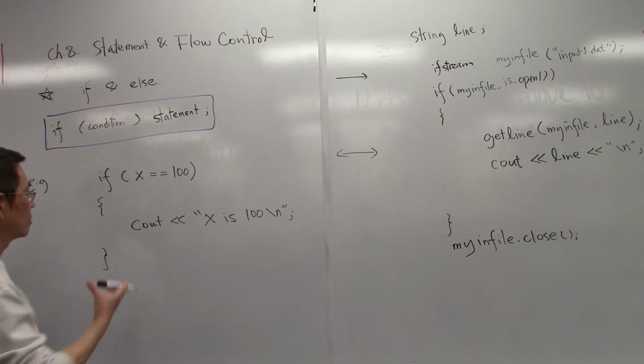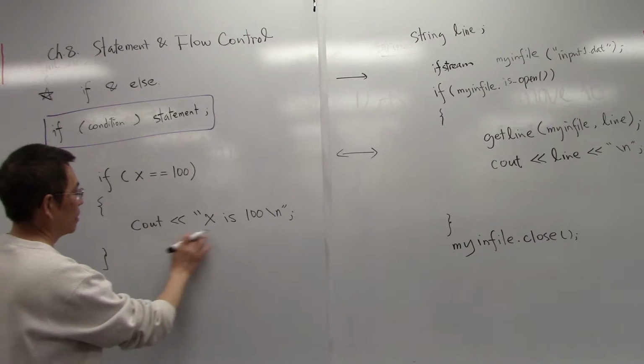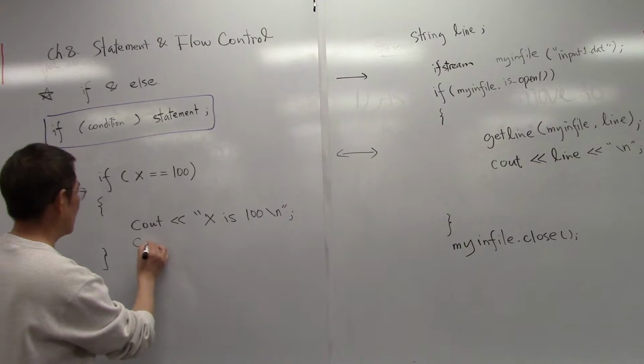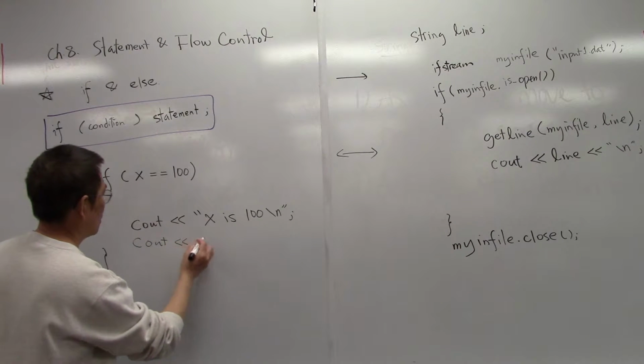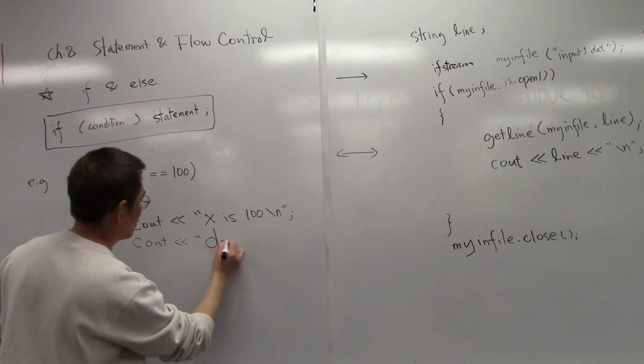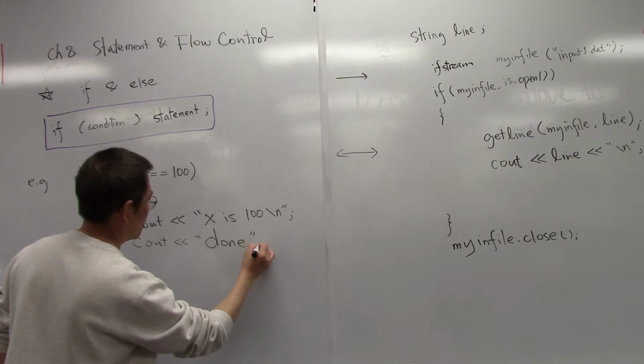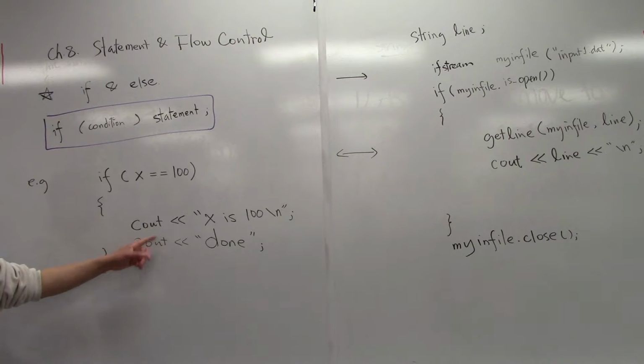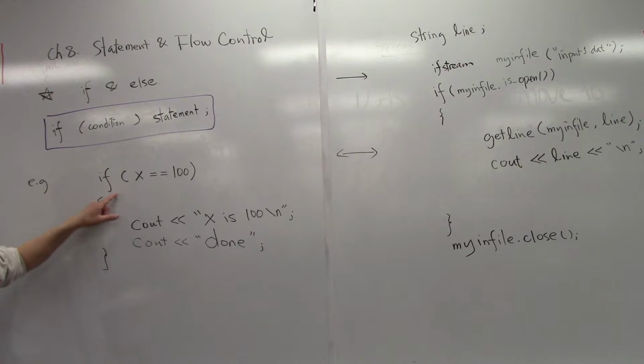Okay? And then after printing this out, you can do another thing, cout, you say done. Then both those statements will be under the control of that condition. Okay? Therefore, the curly brackets are necessary.